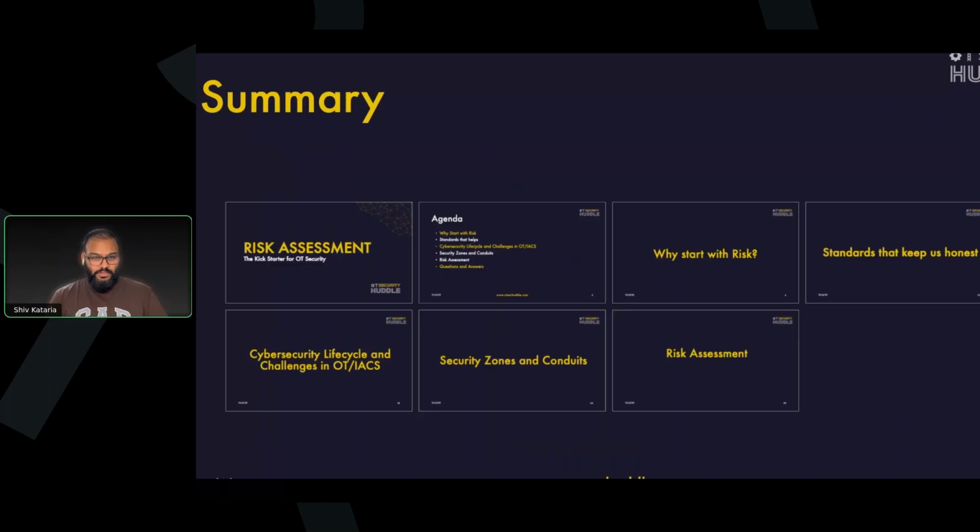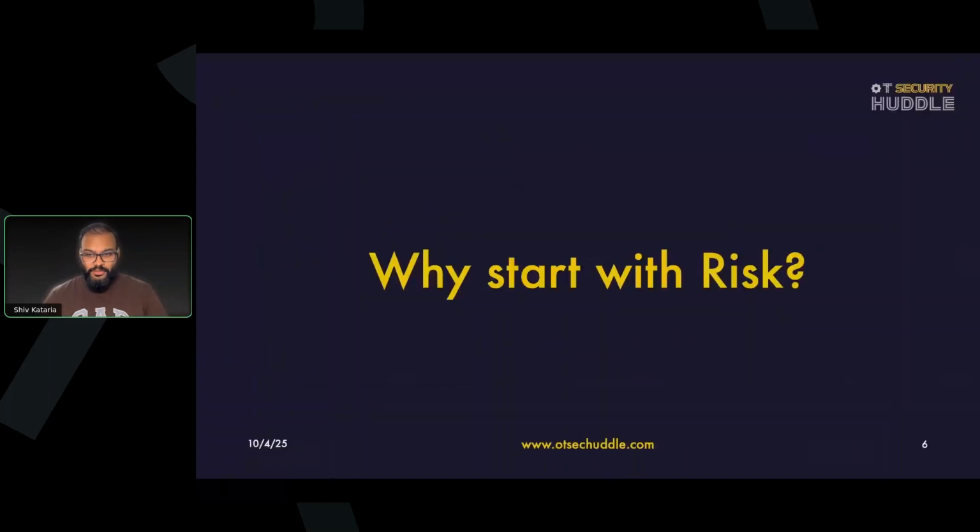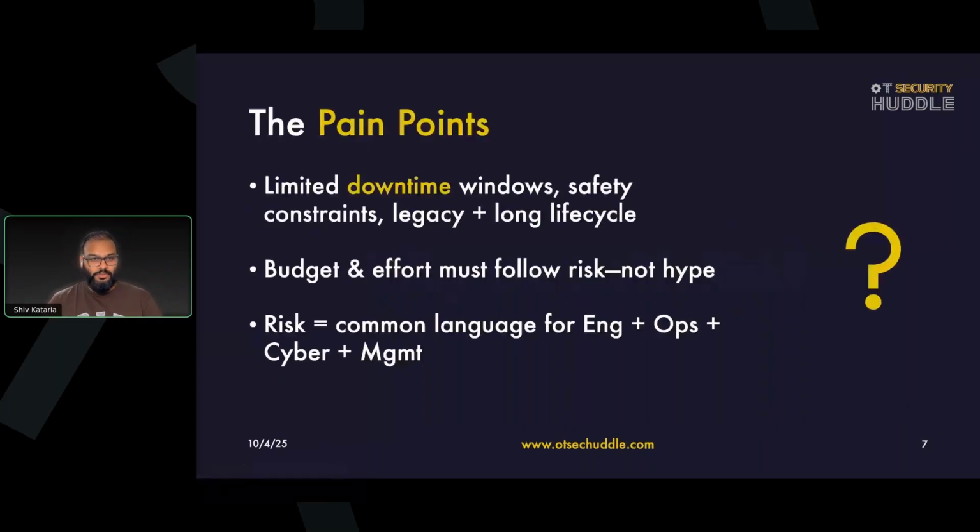Okay, so the question is, why do you really need to start with the risk first? We typically hear that every year lots of reports come out, and they show that the threat landscape for OT is continuously growing.